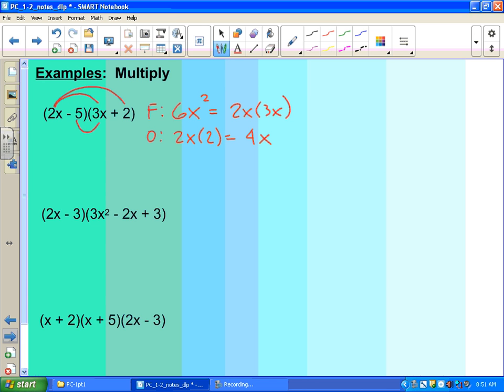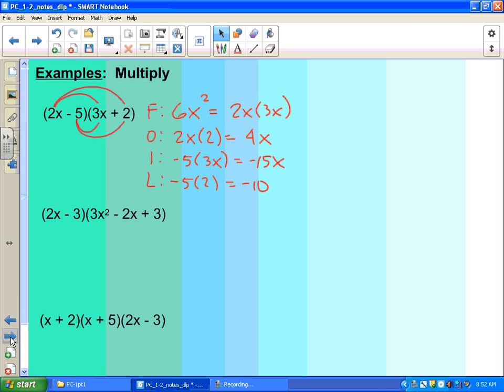Now we get the inside terms, the negative 5 and the 3x, giving me negative 15x. And then finally the last terms in each parenthesis, negative 5 and the 2, negative 10. So now I have some like terms here. I have 4x minus 15x.